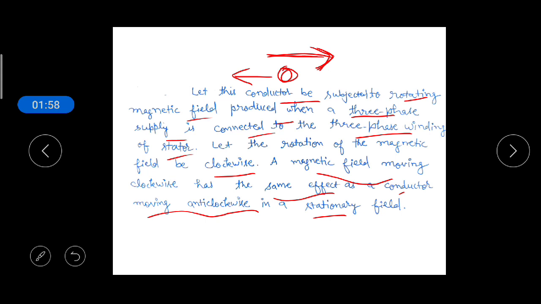Or we can say the motion of this conductor is in the anti-clockwise direction with respect to the stator magnetic field. It is as simple as that.